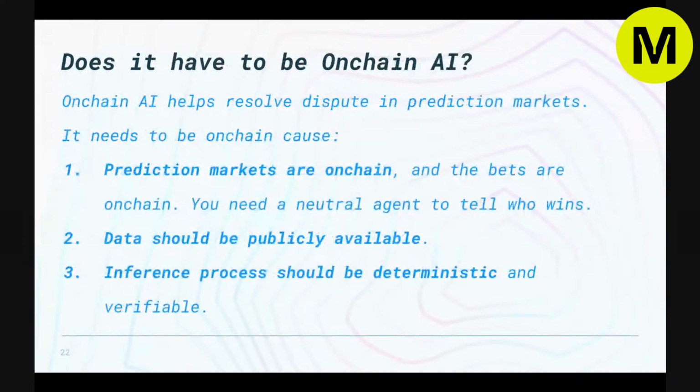And when we look at it, does it have to be on-chain AI? We think that it really needs to be on-chain AI, and it's the only way to do it, because as in the examples we talked about previously, like prediction markets, on-chain gatekeeping, and applications like the fair launch, they are all on chain, and all these assets and values are also on chain.